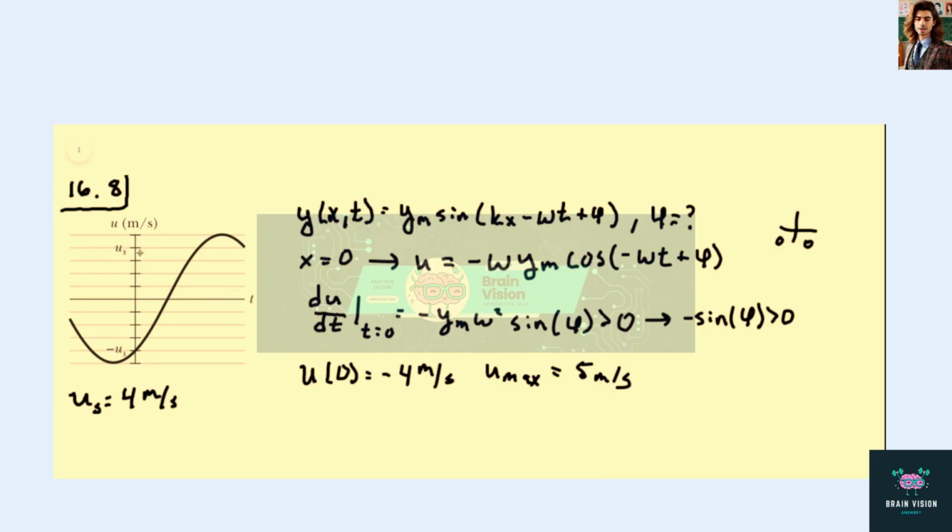So the thing that gives us the scale, what the scale of the axis is at 4, but then we have an additional tick mark up to 5, and that's the maximum value it takes. And this also has to be equal to omega times y sub m.